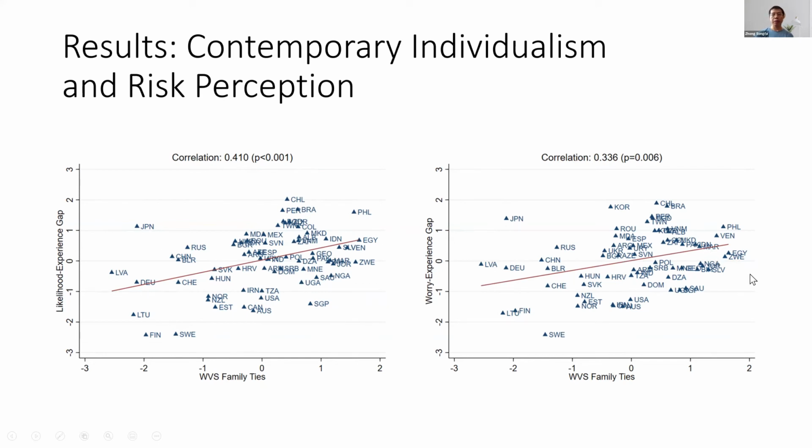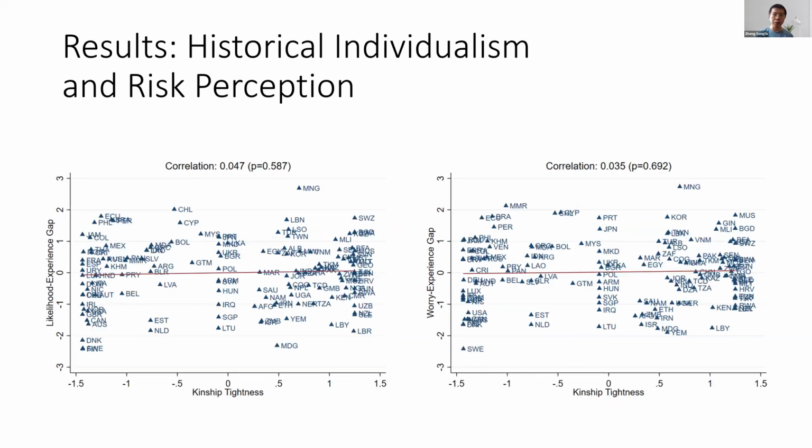So in both measures of contemporary individualism, whether you use Hofstede individualism or Fermi tie, we see the same pattern. Individualist cultures tend to perceive less risk relative to their actual experience, regardless of whether we use the likelihood experience gap or the worry experience gap.